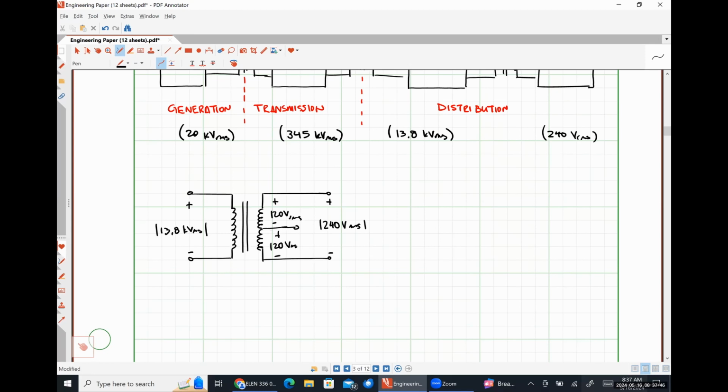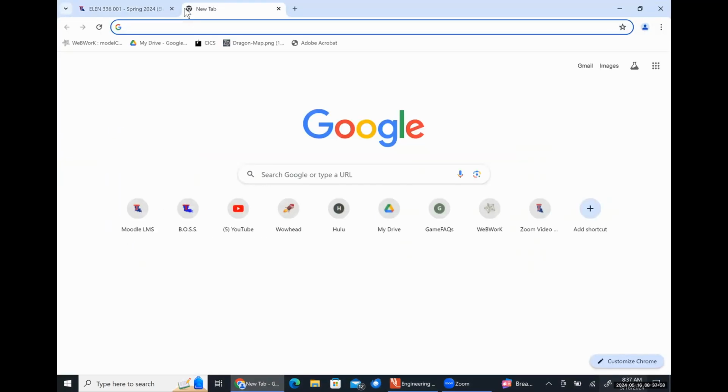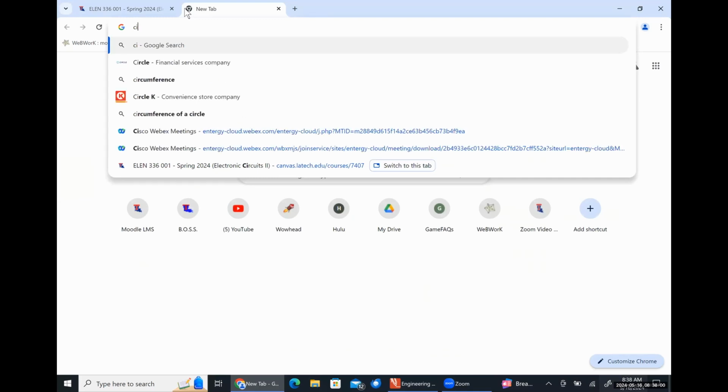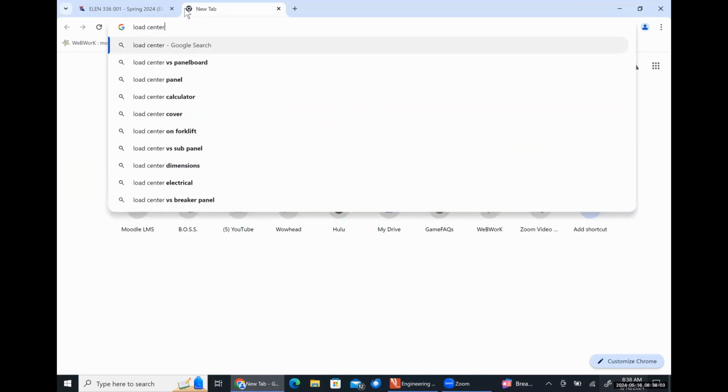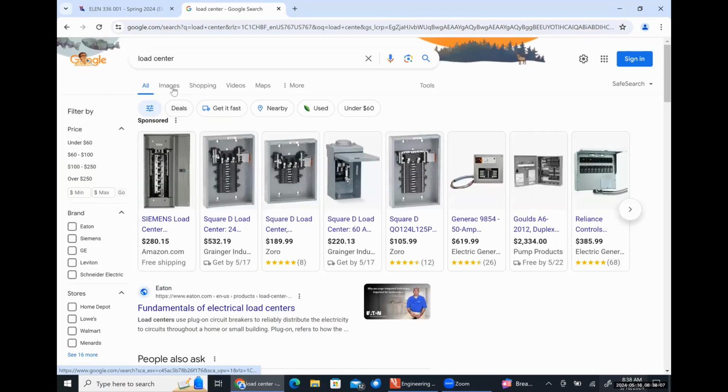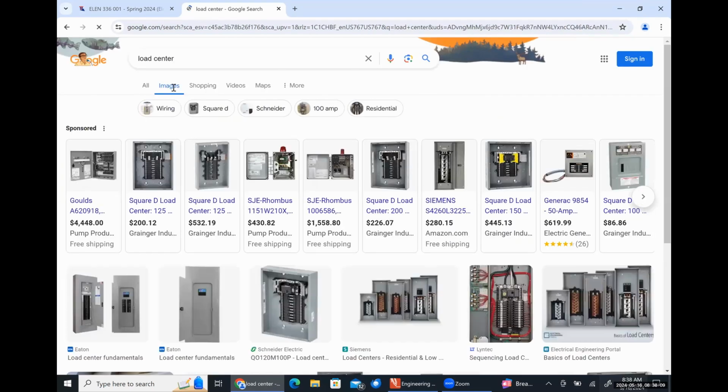So let me do a quick Google here. Let's see. Load center. Images. See if we can find one.